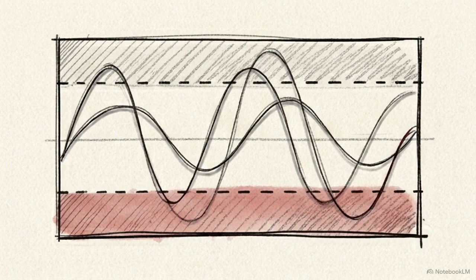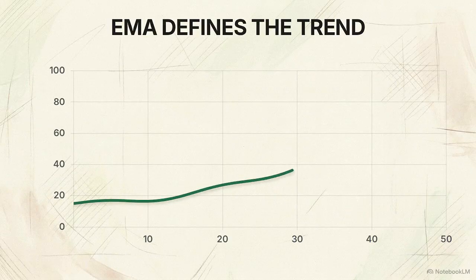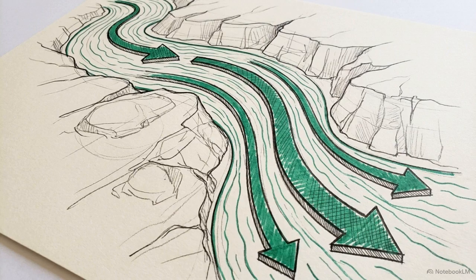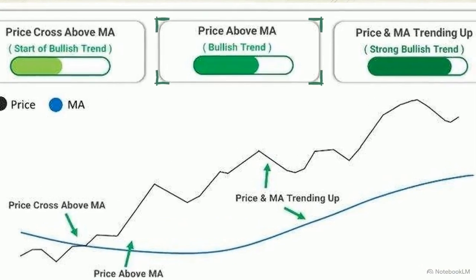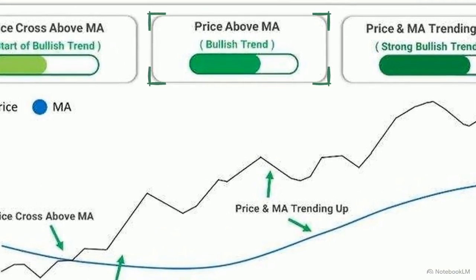Step 1 of our checklist relies entirely on that 50 EMA line. This line dictates the overarching trend of the market. Think of it like a river's current. This chart shows how the price stays mostly above the blue moving average line. When price sits above the 50 EMA, you are in a strict uptrend. That means you are only allowed to look for buy trades.